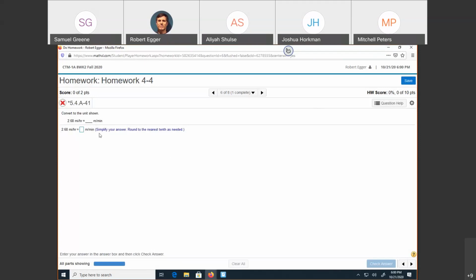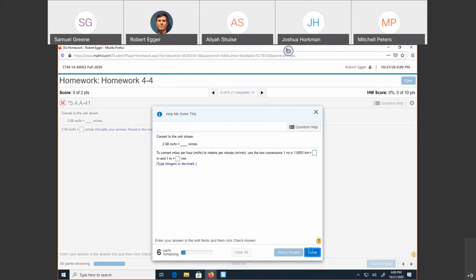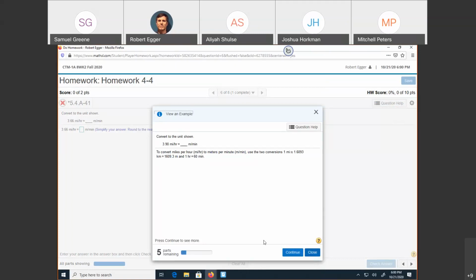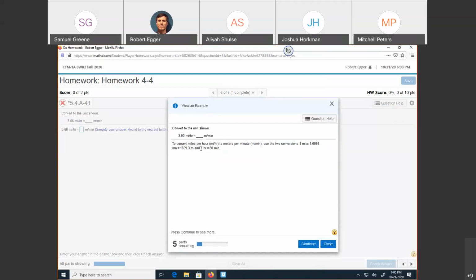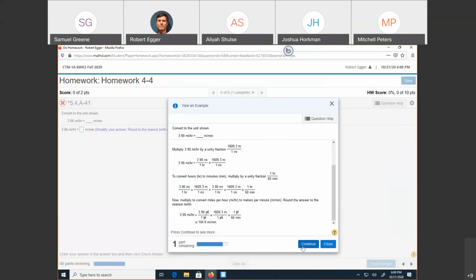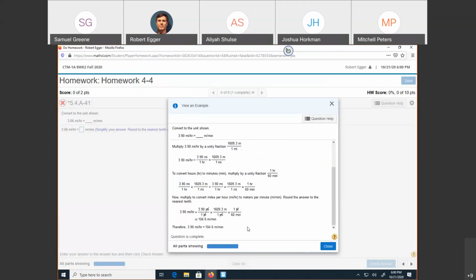Okay, still can't get it. I need help, and I'm not around. Well, up here is question help, and here are some options for this problem. Help me solve it will basically step you through it. View an example will show a different problem, but again, it shows a step-by-step approach to getting to an answer.